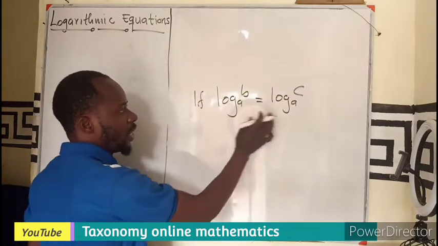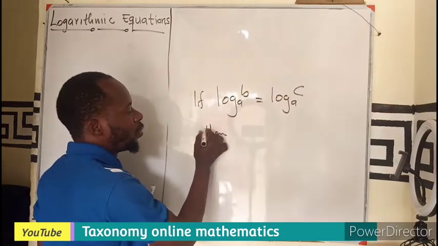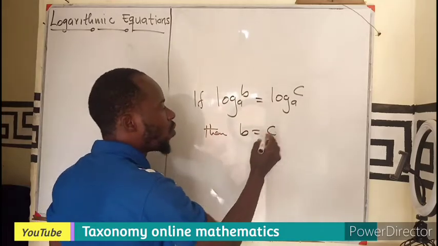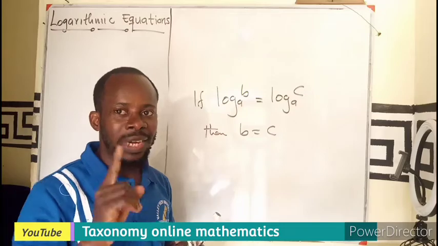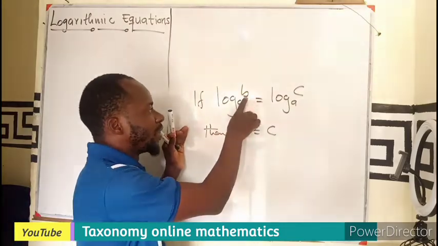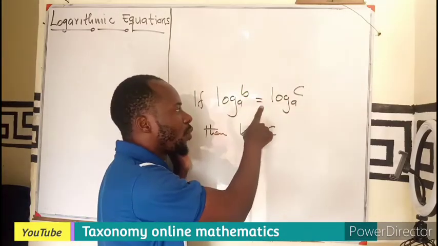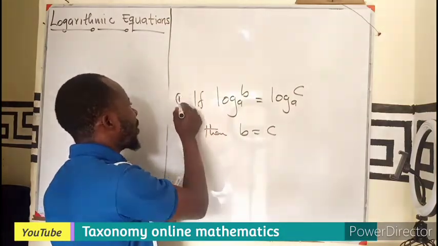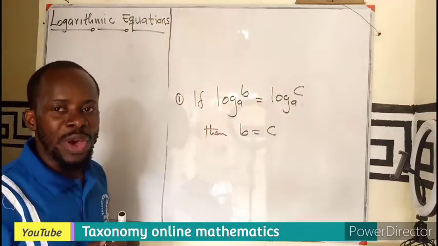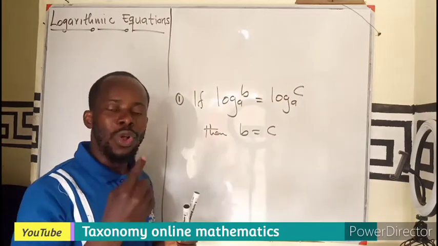So if this equals this, then we can equate b to be equal to c. After you express both sides to have a single logarithm, you say the argument on the left equals the argument on the right. That's the first method.